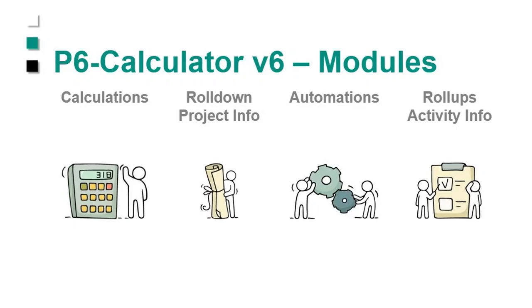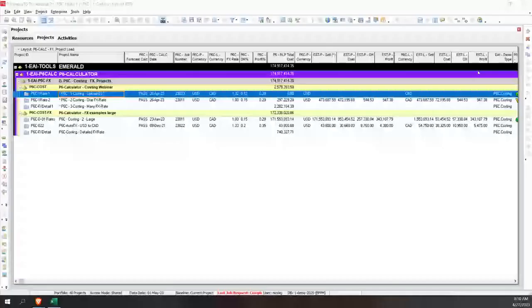So let me start sharing my screen, and I will show you P6. Alrighty. Okay, so you should be seeing P6, and I'm going to use P6 client today, but everything I'm showing you works up in the web, or P6 EPPM, or the P6 web as well.